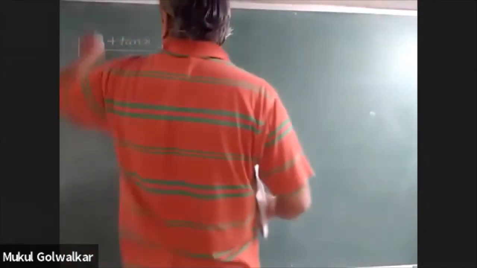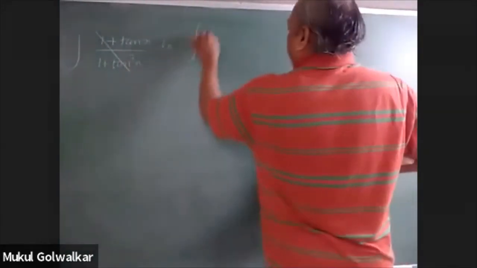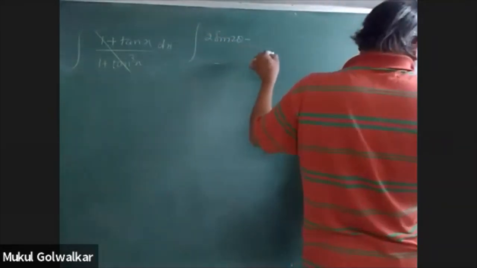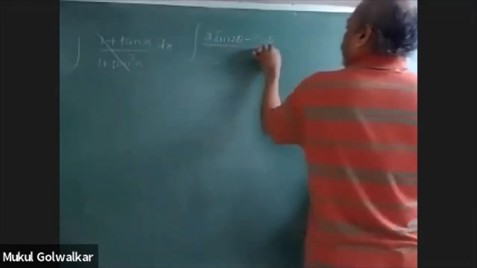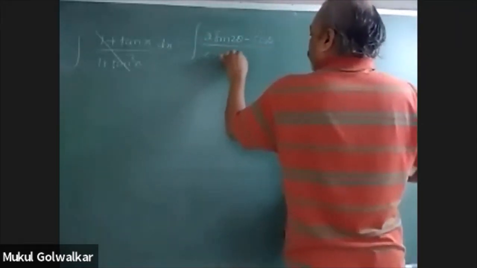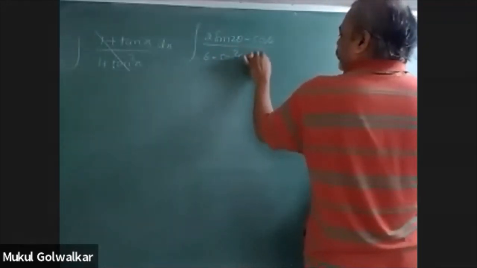Meanwhile, two practice questions I am writing for you. Okay, two practice questions I am writing for you. You please copy them and try to find out the solution. Okay, integration of 2 sine 2 theta minus cos theta divided by 6 minus cos square theta minus 4 sine theta.